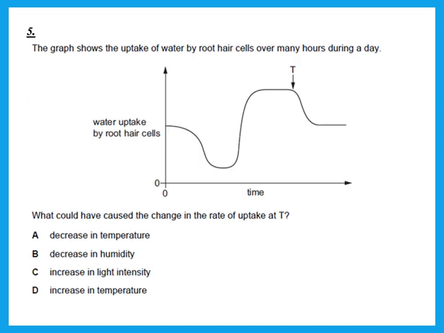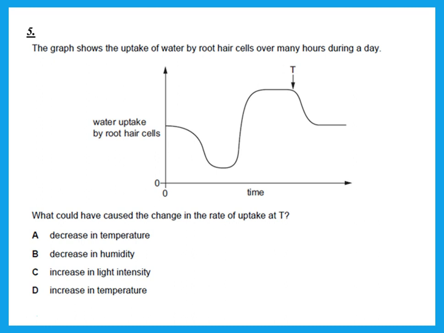Are we following? The graph shows the uptake of water by root hair cells over many hours during a day. What could have caused the change in the rate of uptake at T? Now, what's happening at T? The rate of uptake is starting to decrease. So why do you think the rate of uptake is decreasing? That means that the rate of transpiration is decreasing.